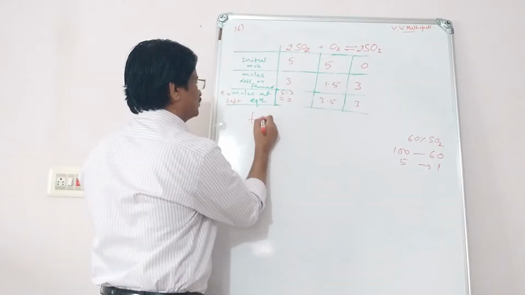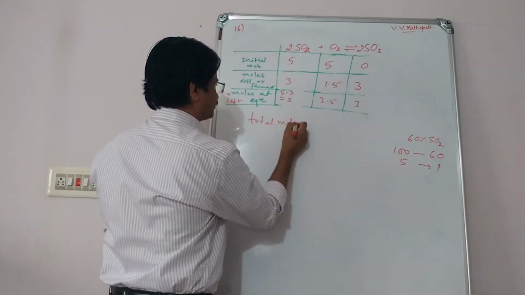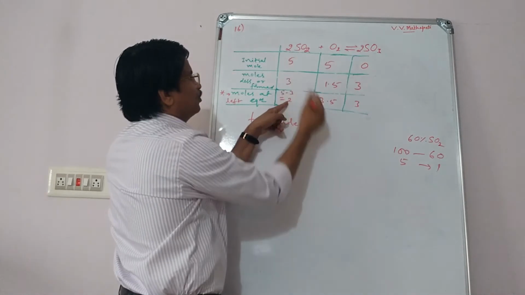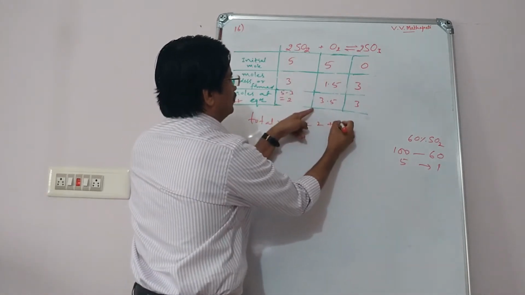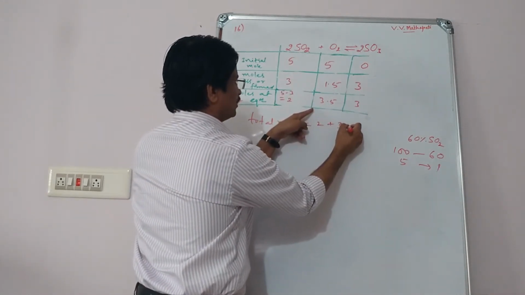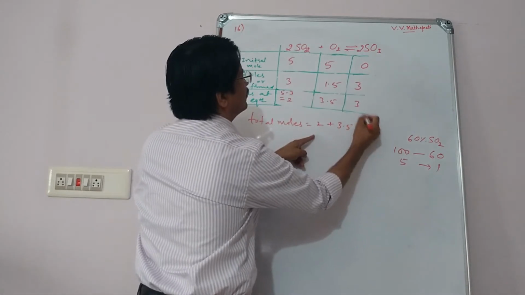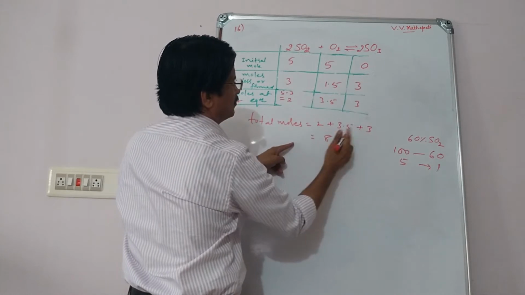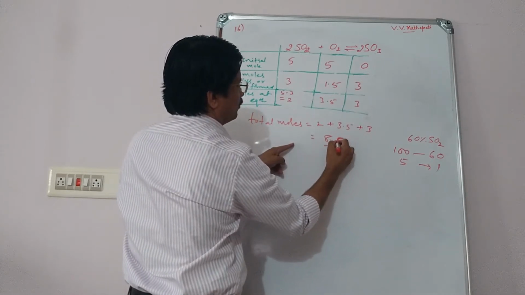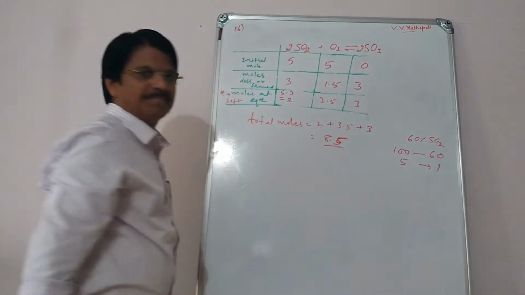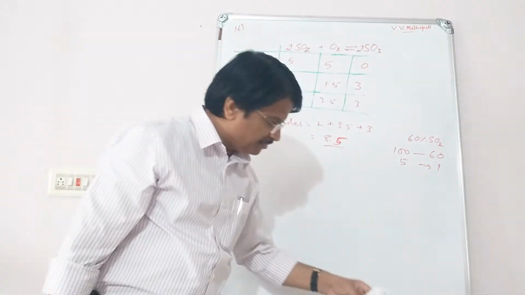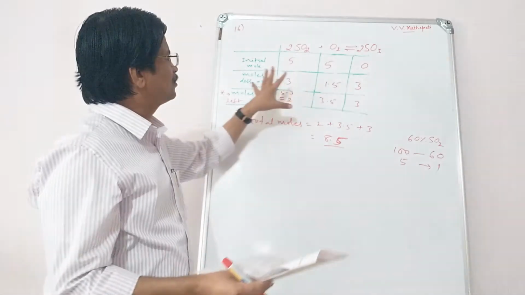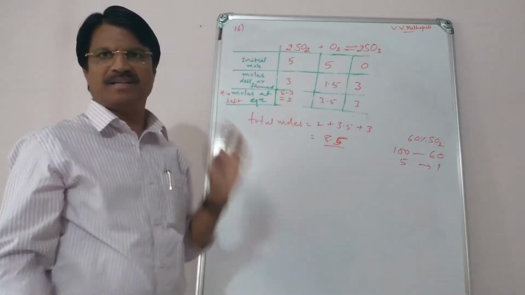Total moles equals SO2 left 2, plus O2 3.5, plus SO3 3. The answer is 8.5.